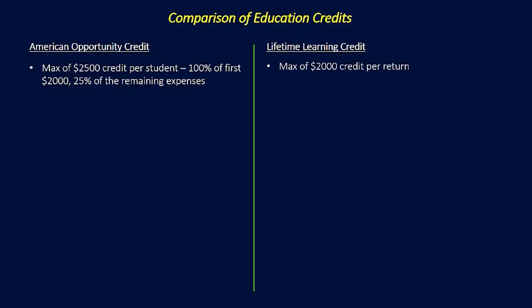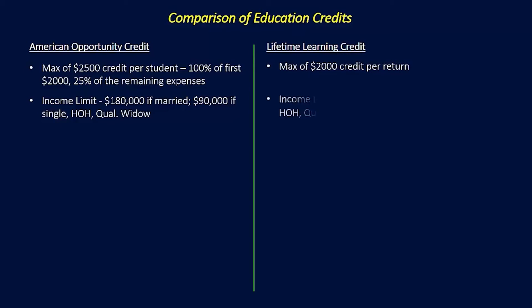The Lifetime Learning Credit, we get a max of $2,000 credit per return. The American Opportunity side, the income limit is $180,000 if married, $90,000 if single, head of household, or qualifying widow or widower. The income limit on the Lifetime Learning Credit, $128,000 if married, $64,000 if single, head of household, or qualifying widow or widower.